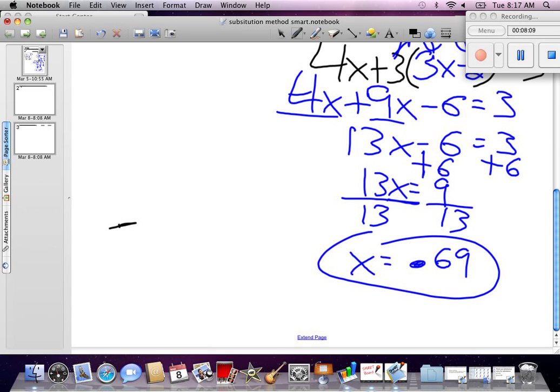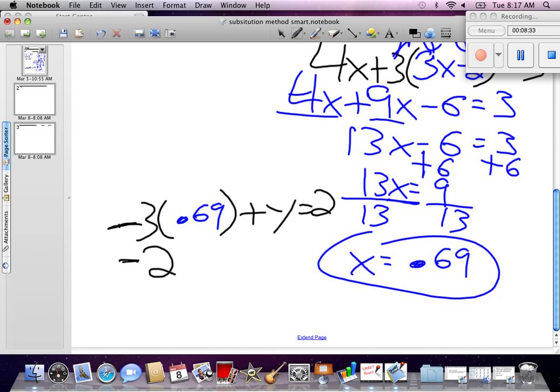So I get negative 3 plus y equals 2, and I'm going to plug in 0.69. Shannon, what do I do next? Good. Same thing. Negative 3 times 0.69, and I get negative 2.07 plus y equals 2.